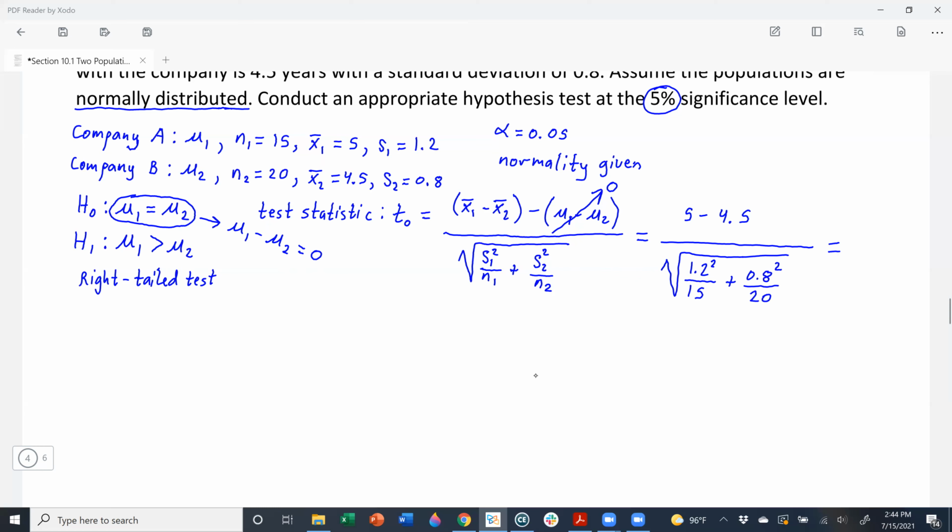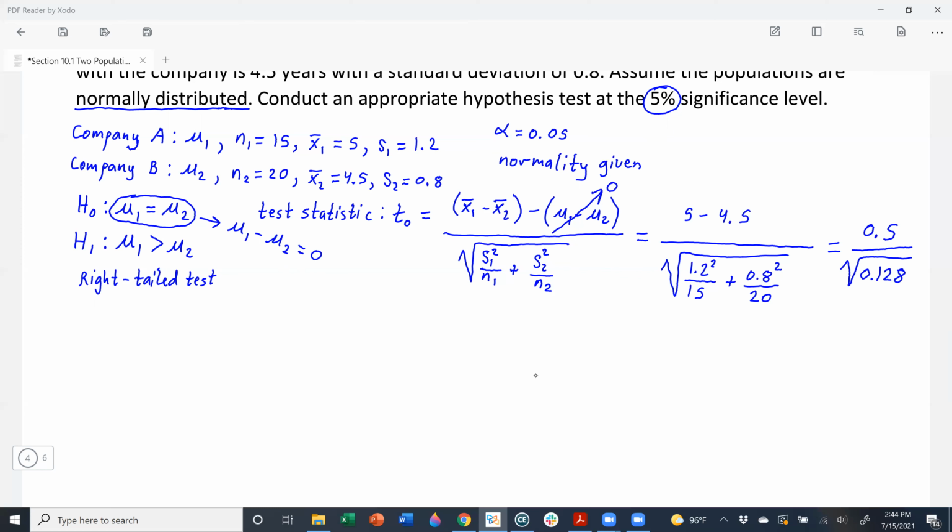Okay. So on top, I'm going to do this separately on my calculator so that we don't get out of control here. So 5 minus 4.5, in the numerator, that's 0.5. And then in the denominator, I'm going to leave the square root symbol over it and just calculate 1.2 squared divided by 15 plus 0.8 squared divided by 20. And I'm getting 0.128.